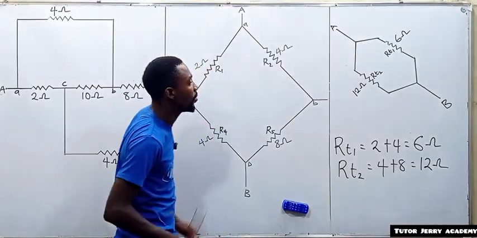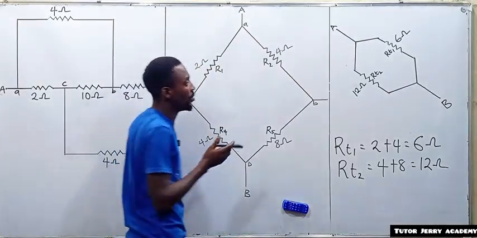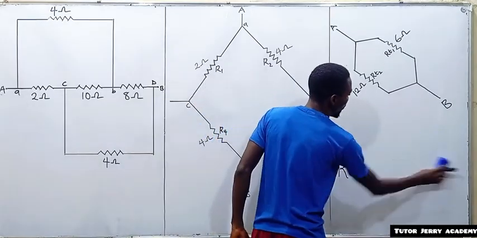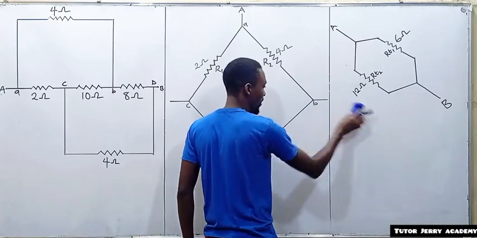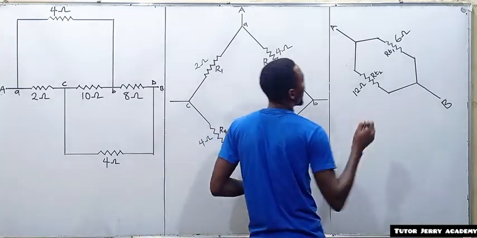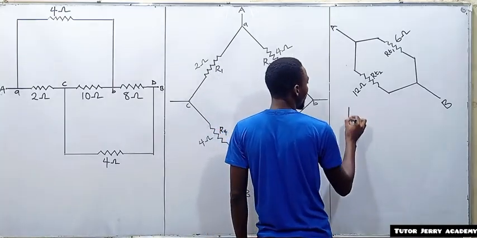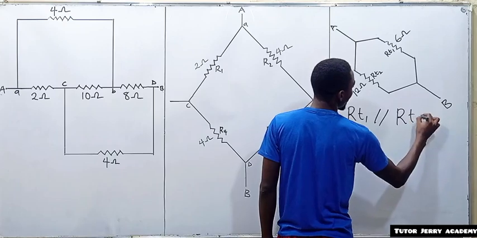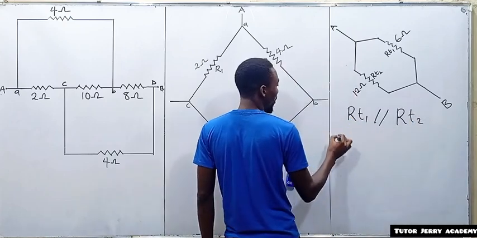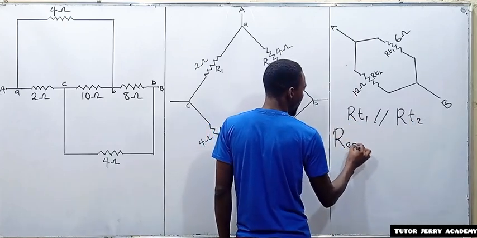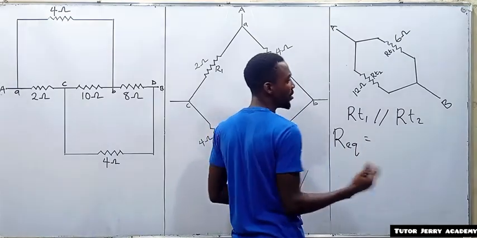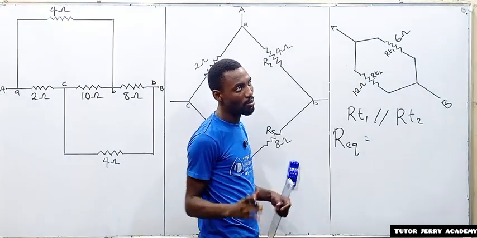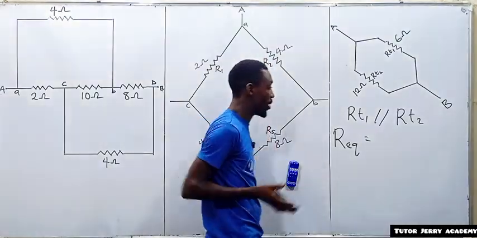All right, so the next thing we are going to do is to find the equivalent resistance now. So it's going to be like this. So it means that RT1 is parallel to RT2. So our R equivalent, if we have 2 resistors in parallel, is going to be R1 multiplied by R2 all over R1 plus R2.